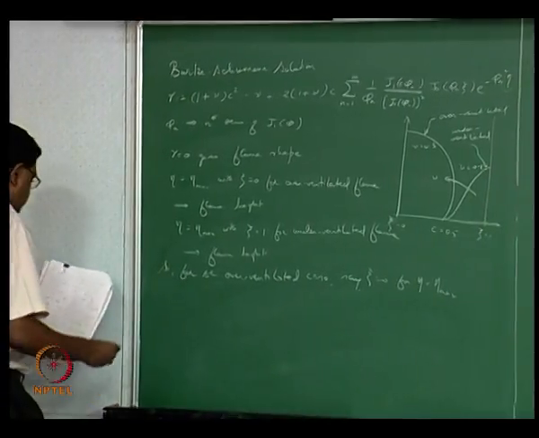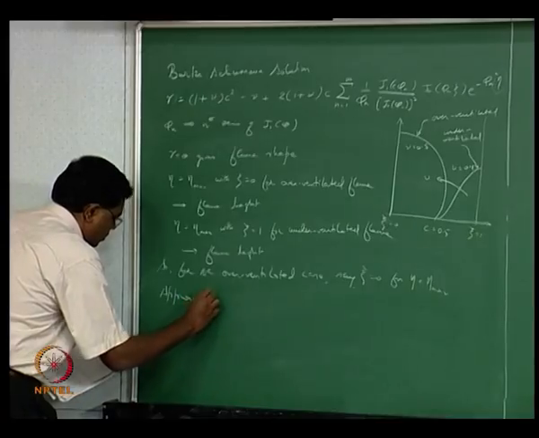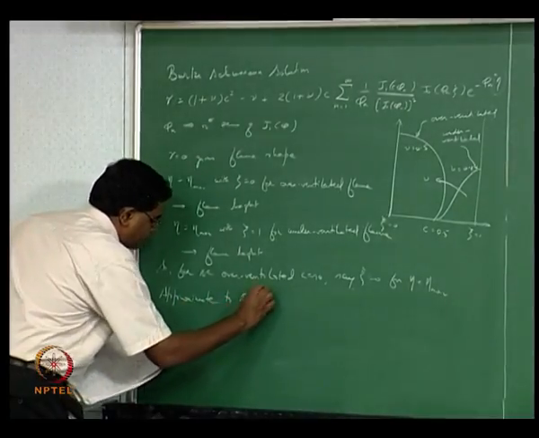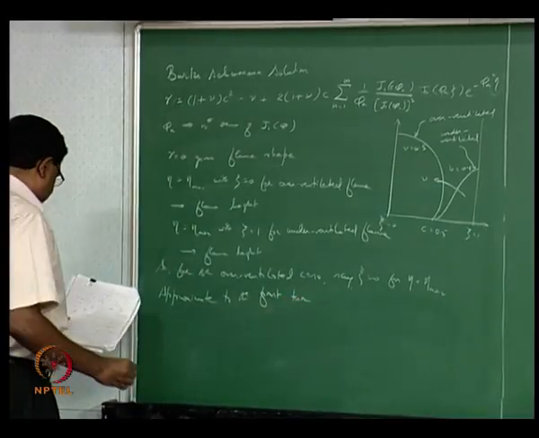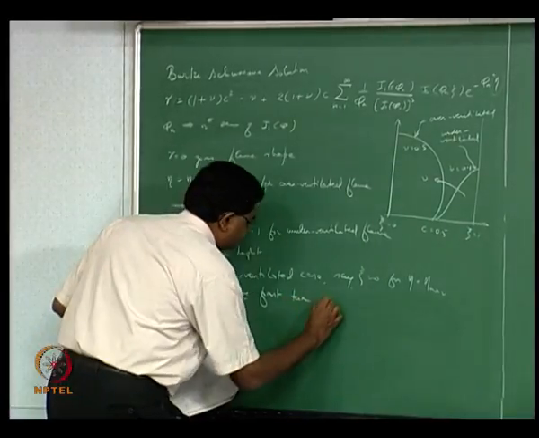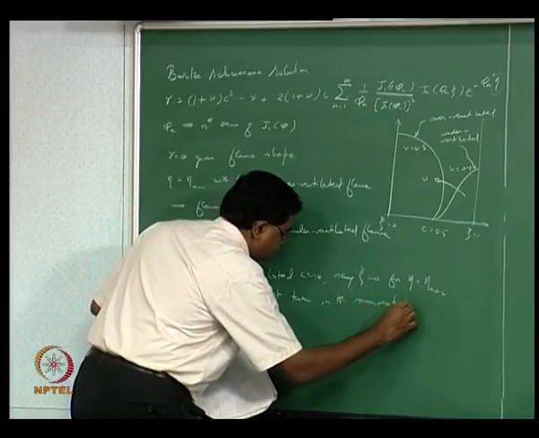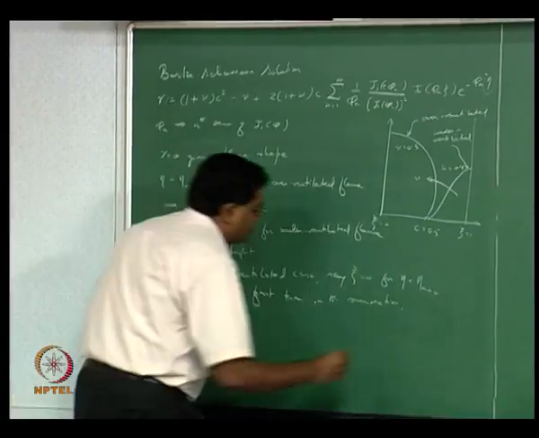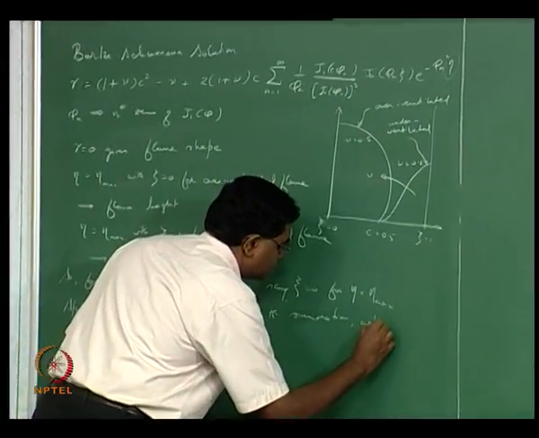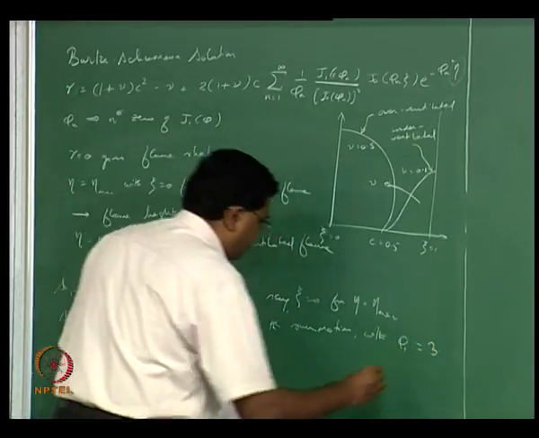Therefore approximate to the first term in the summation with phi 1 equals 3.83.